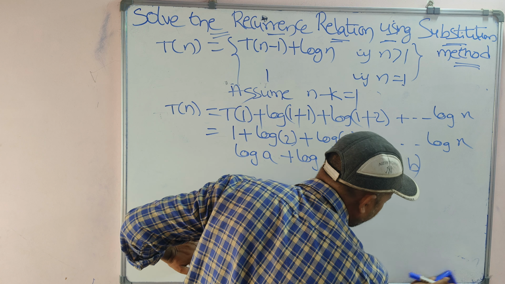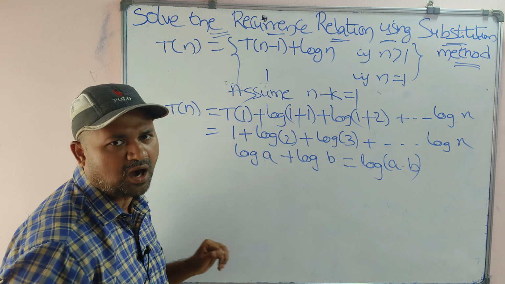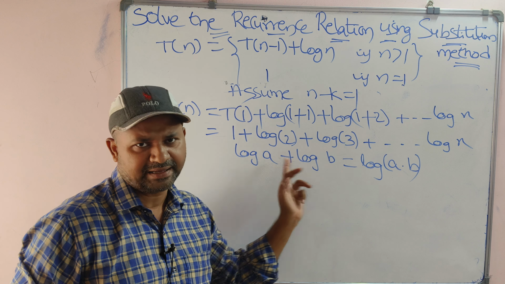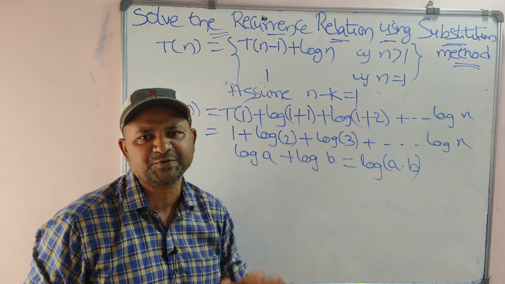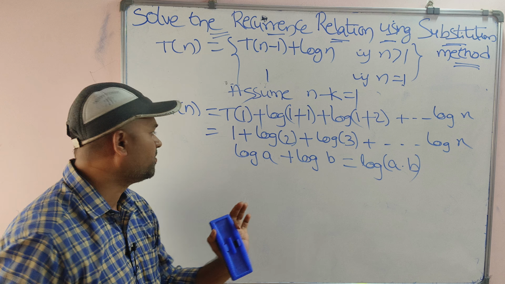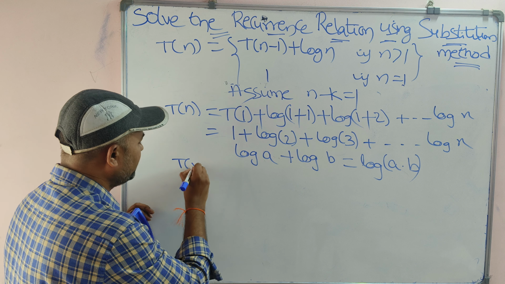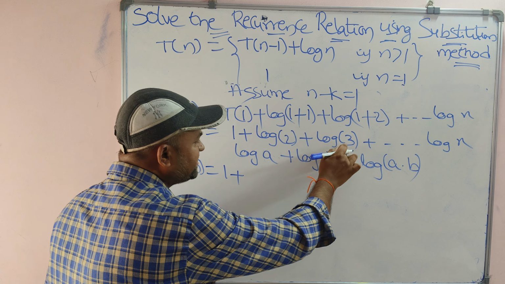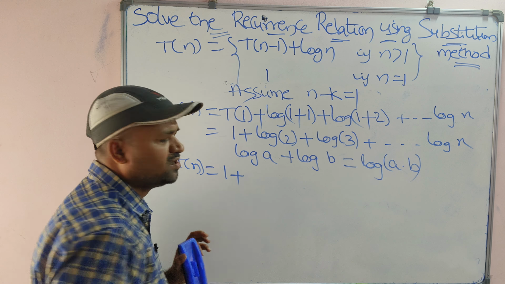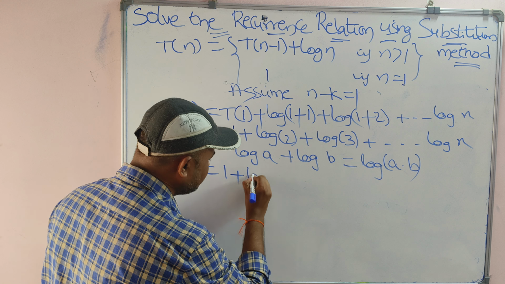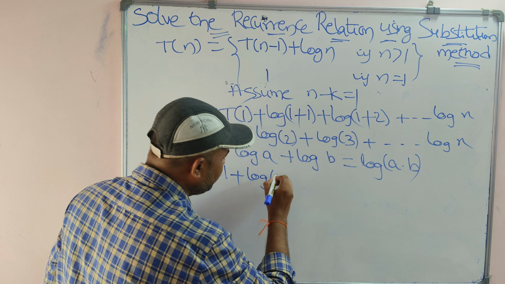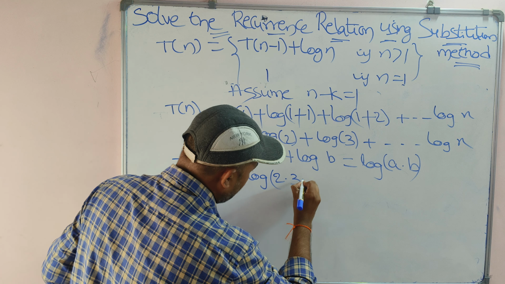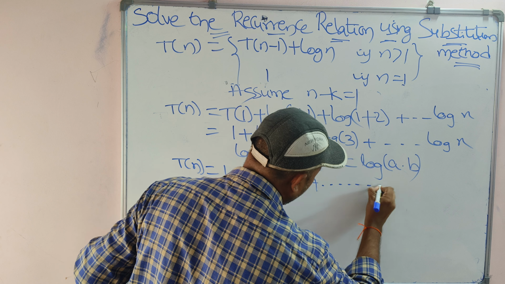Log a plus log b equal to log of a into b, so we can multiply the a and b terms. So we have the logarithmic formula. So T of n equal to 1 plus log of 2 plus log of 3 plus so on, log of n. We can write this as log of, so multiply the values, log of 2 into 3 into 4 so on into n.